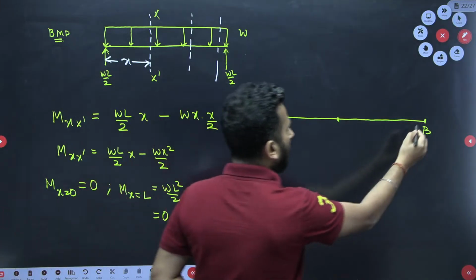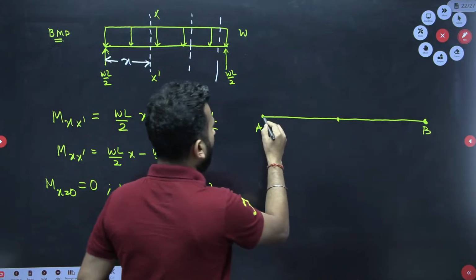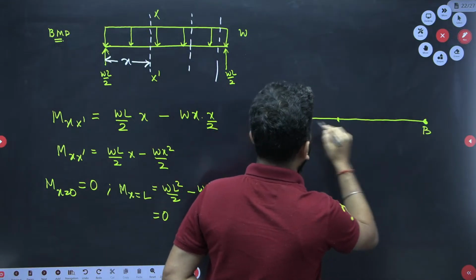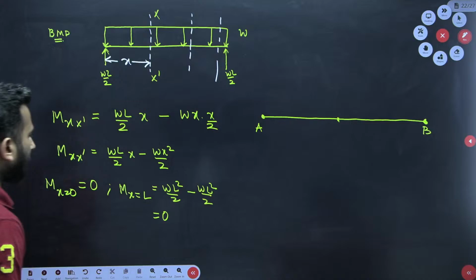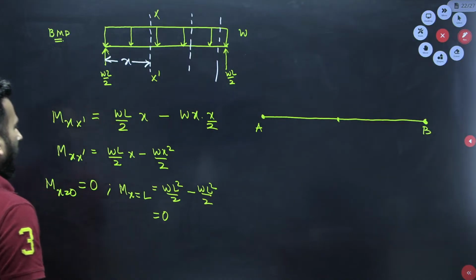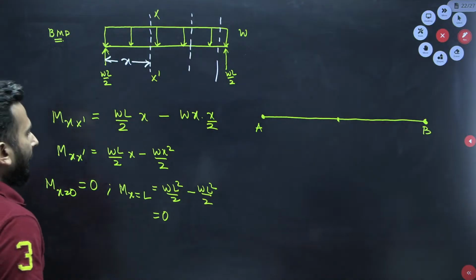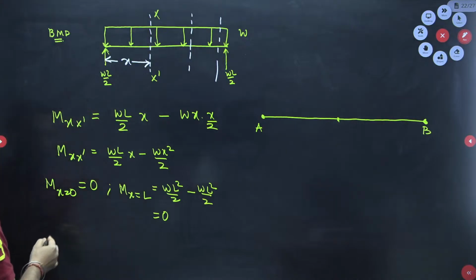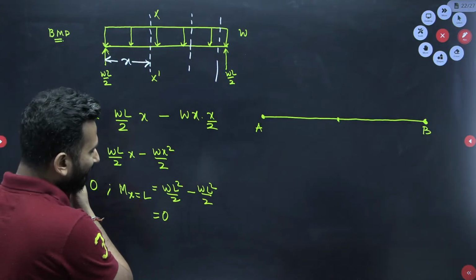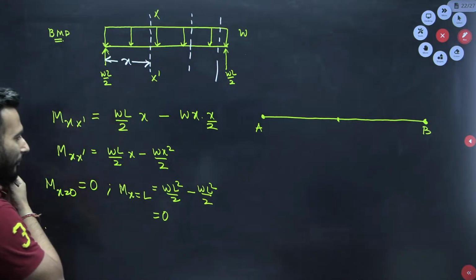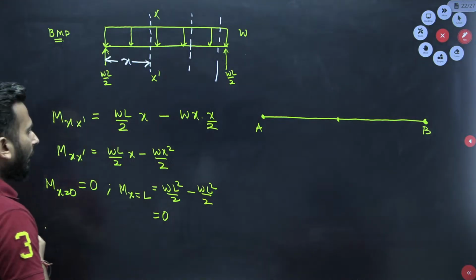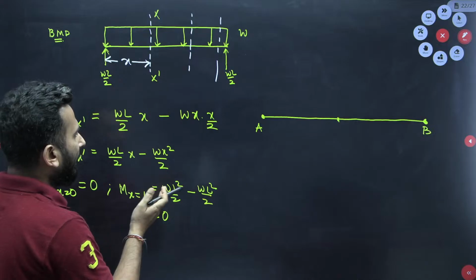So 0 and 0. Secondly, what is the value at x equal to L by 2? This also we can find out. But we need to know how to go.